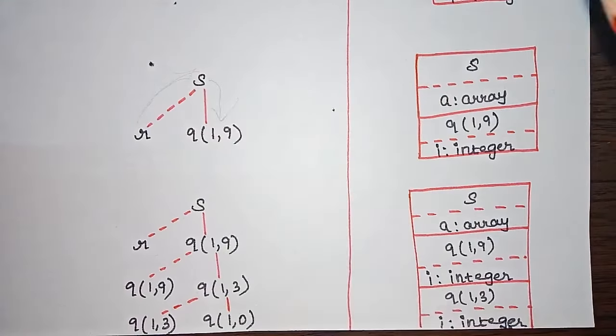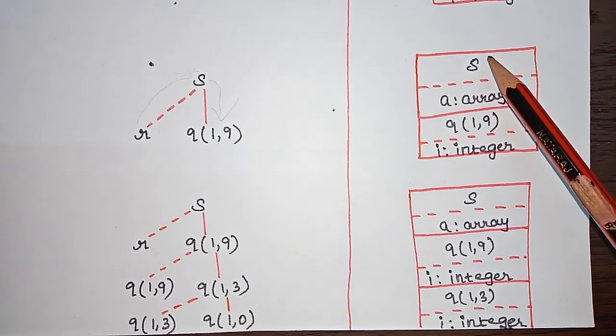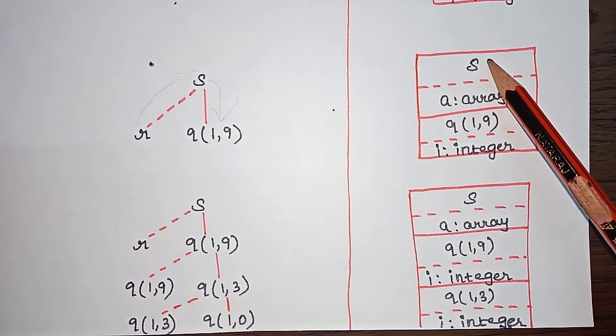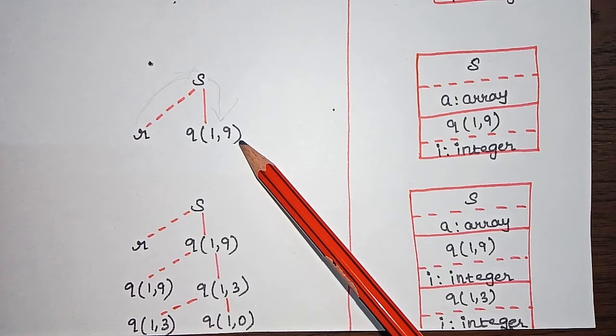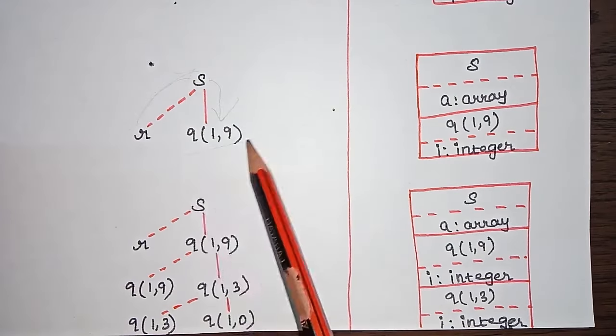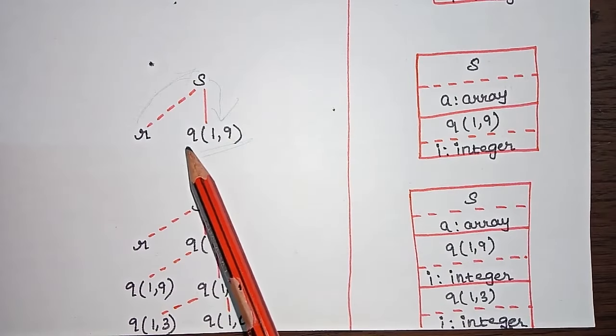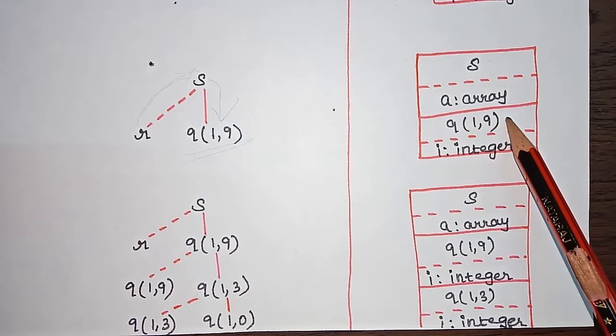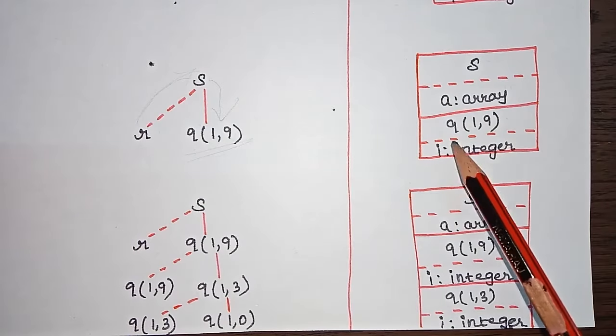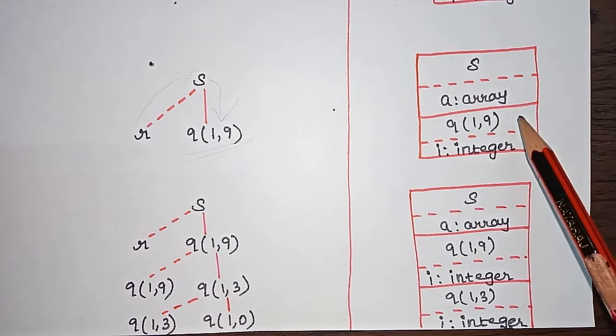When you look at the stack, we have the activation record of S with its array, and next we have the activation record of Q. Why? Because procedure Q is in execution now, so its activation record is presently stored inside the stack, and it also contains some integers.